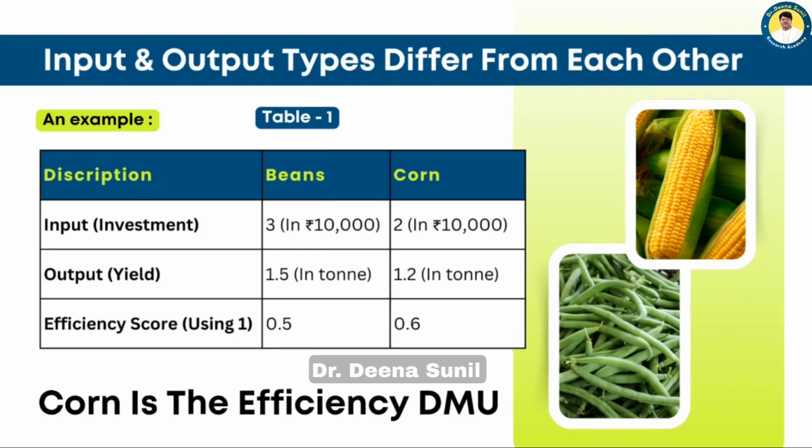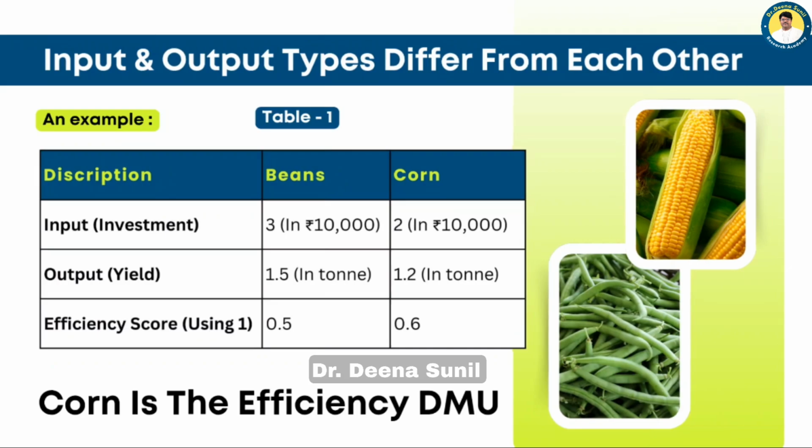You can apply the efficiency formula. If the unit is not the same, you have to convert into the same unit. Next, corn is still the efficient DMU. Here we got the result that corn is still the efficient DMU.